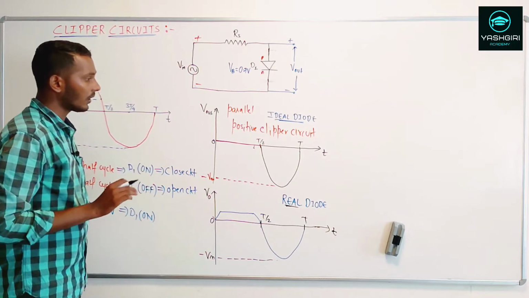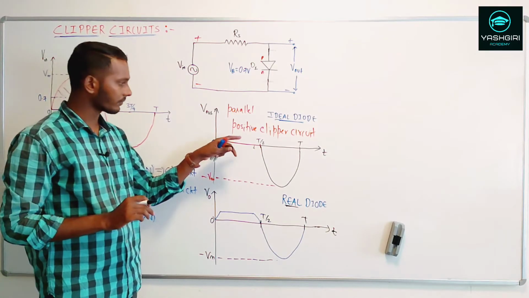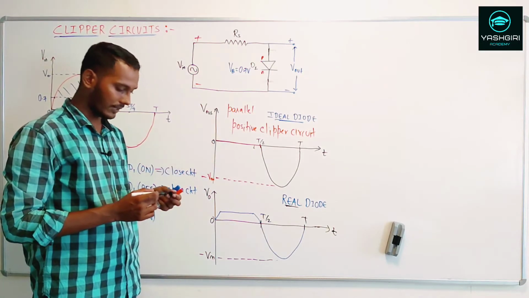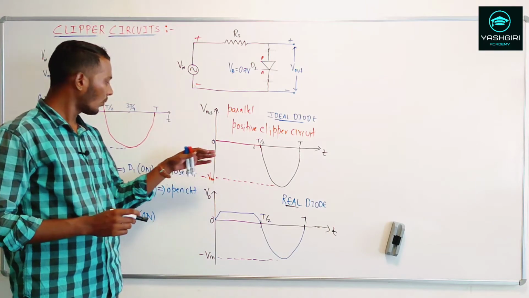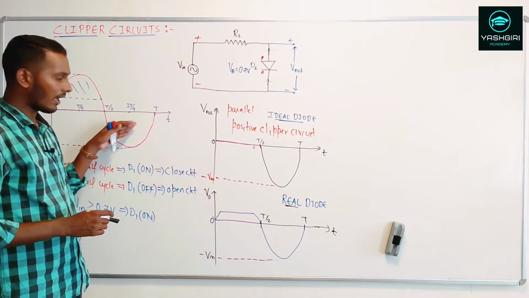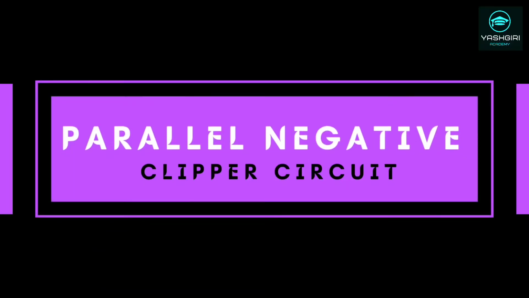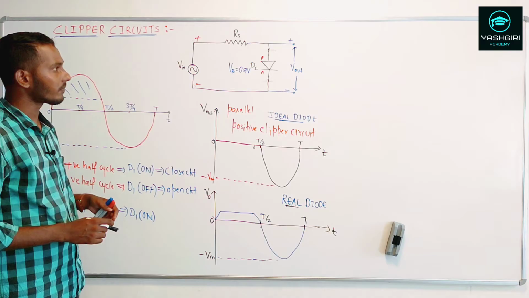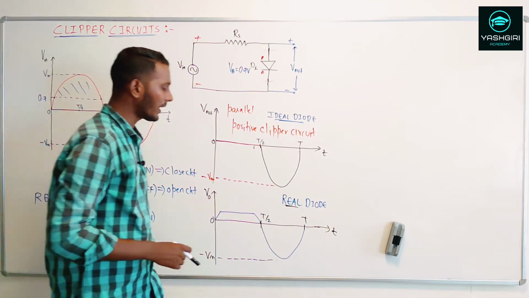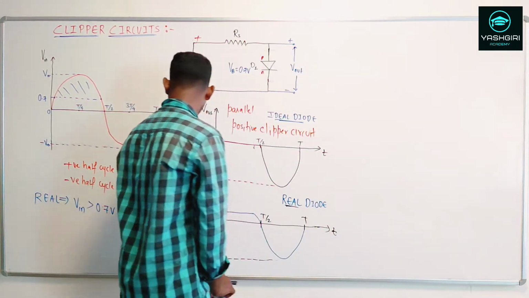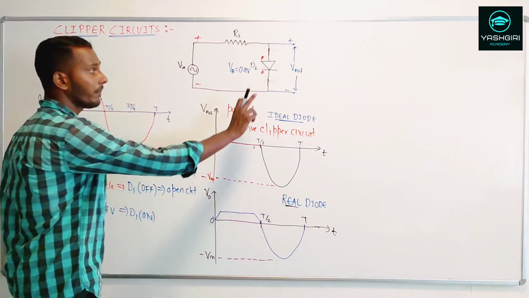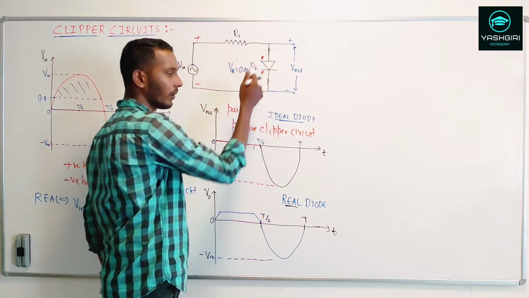All right. Now we have done the clipping for the positive half cycle. Now let's see how we can clip the negative half cycle of the same AC signals. To do that, what I can just do is make this diode connection upside down.